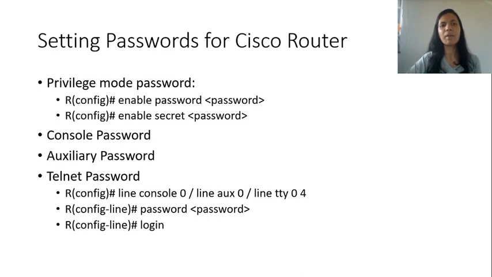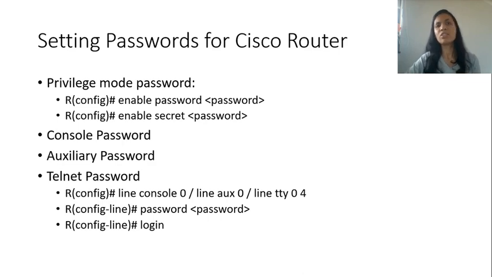If you want to set your password for the user exec mode, then in that case, you have to set a password for your console. Okay, so if you are directly connected using the console port of your router to the computer, then in that case you would be configuring a console password.